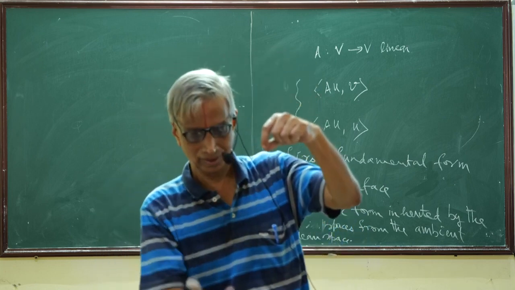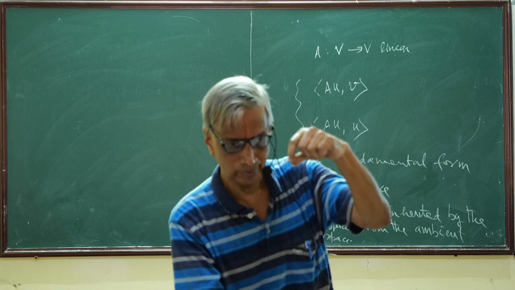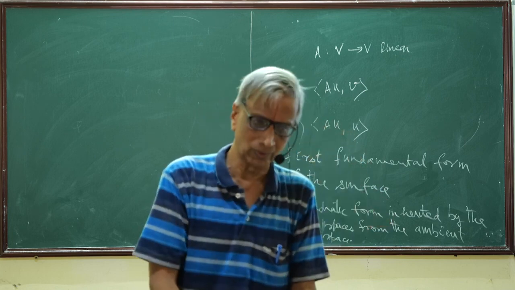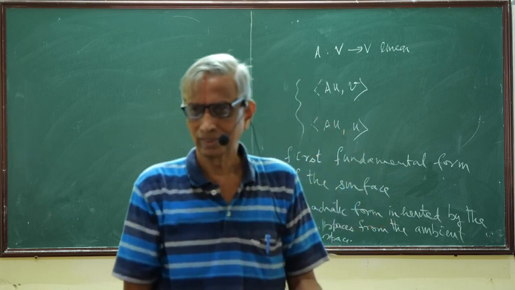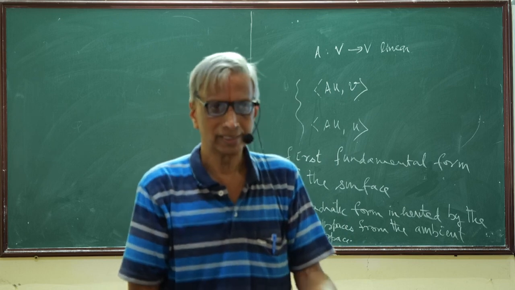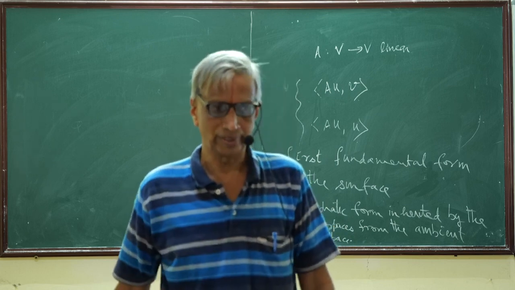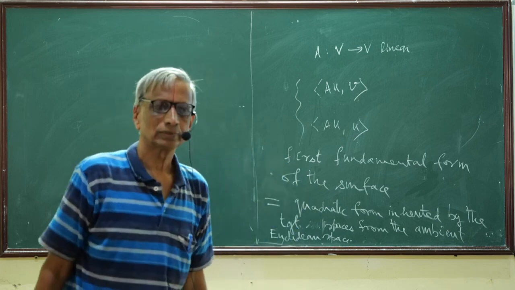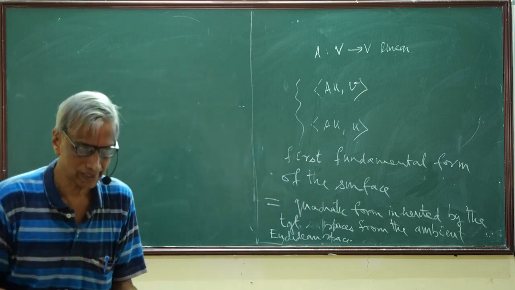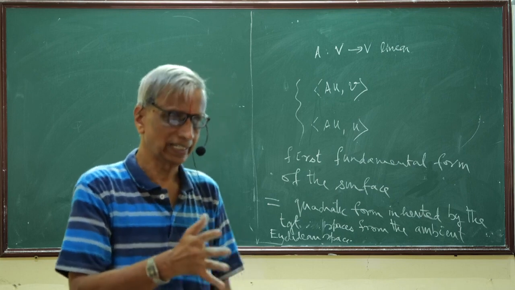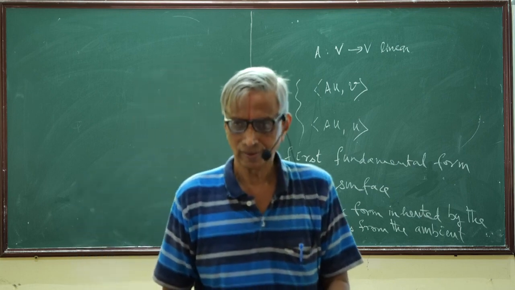Normal is the orthogonal complement of the tangent space, so you can also say the way the tangent space turns at a given point. So this measure of turning of the surface is going to give you what is called curvature.